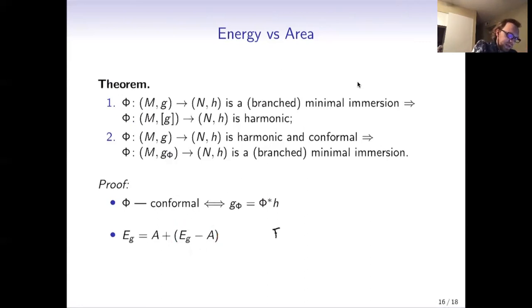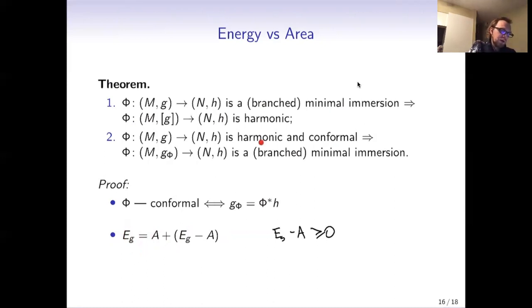But G minus A is always bigger or equal than 0. So if it's equal to 0, it's a local minimum, even a global minimum. Therefore, the derivative is 0. So for conformal maps, the derivative of this term is 0. For minimal immersion, the derivative of this term is 0. Therefore, the derivative of this term is 0.